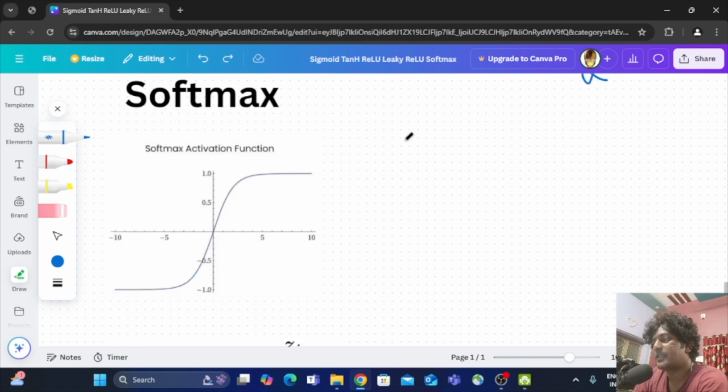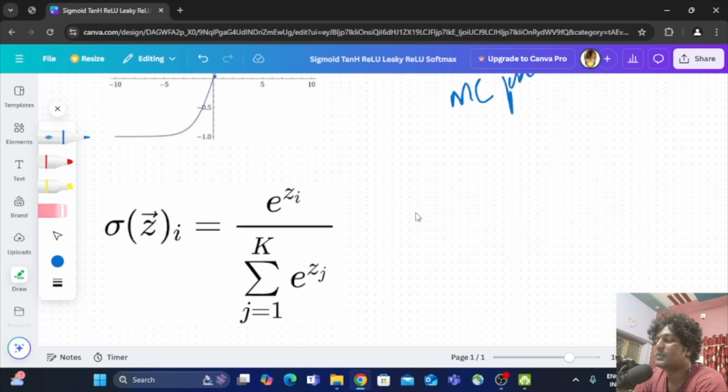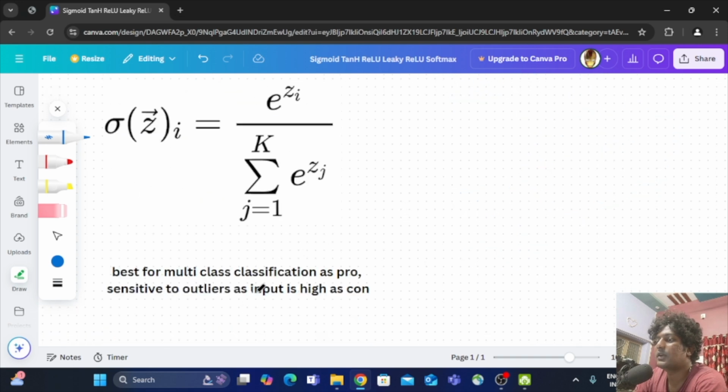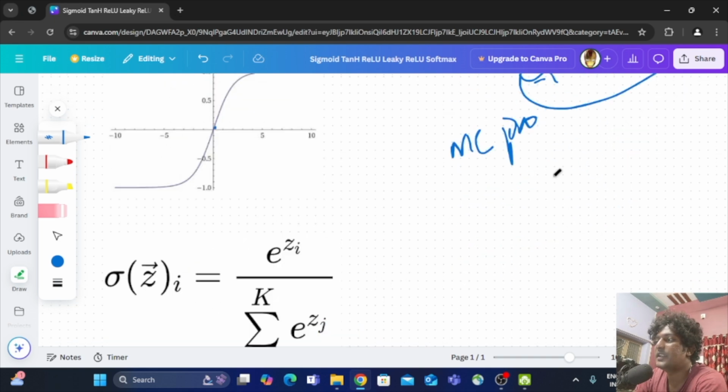And we have another activation function, the softmax activation function, and it is zero centric. You can see the distribution for this, an S-shaped curve passing through the origin, zero centered, and the value ranges from -1 to +1. This softmax activation function is widely used in multi-class classification problems. The advantage of softmax is we can use it in multi-class classification.